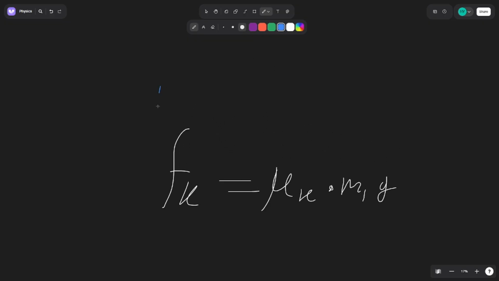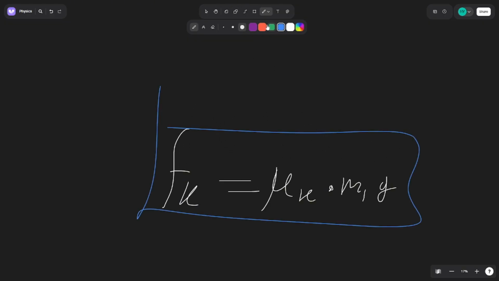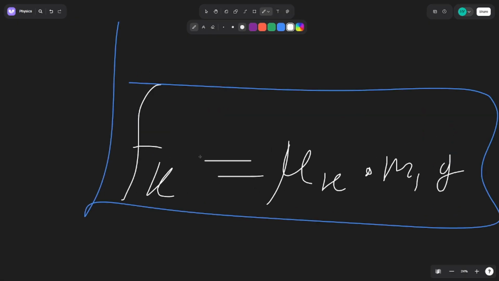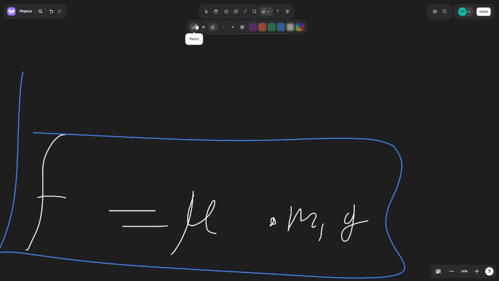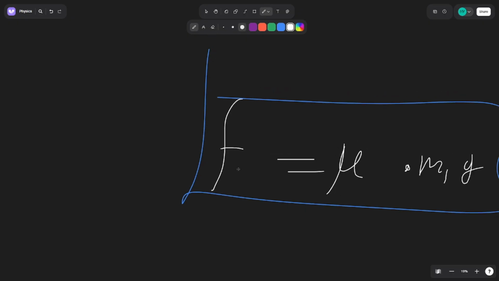So this is the formula of kinetic friction, and if we erase the case, it's the formula of friction force in any other problem. Just in pulleys it's usually kinetic friction.